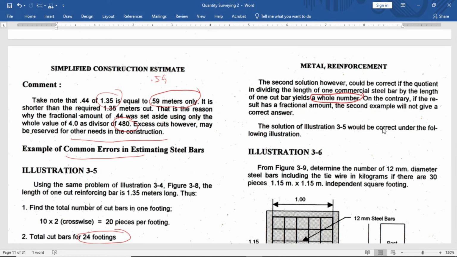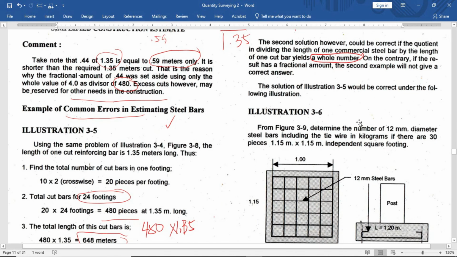Pero, kasi nga, ito, for example, 6 divided by 1.35. Pag yan ay whole number, yung second solution, pwedeng tumama. Ito yan. Since 4.44 yung lumabas, hindi natin magagamit ito. Pag whole number lang. So, on the contrary, if the result has a fractional amount, the second example will not give a correct answer. So, illustration 3-5 would be correct under the following illustration. Ito. Tingnan natin ito.